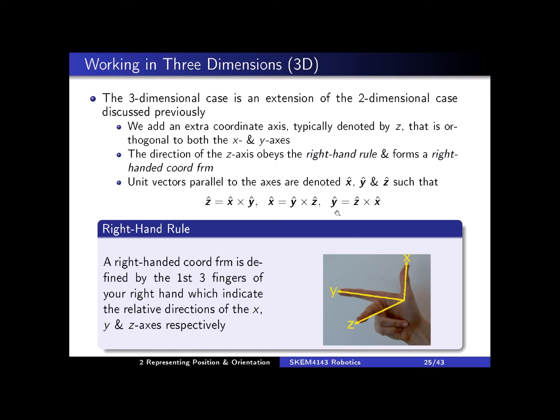And similarly, if your eyes are here and you're looking in the positive direction of the y-axis, if you rotate a screw in a clockwise direction, rotation from z to x, the screw will move in the y direction. Or if that's too confusing for you, you just use your right hand fingers.